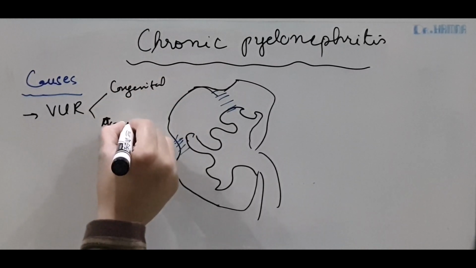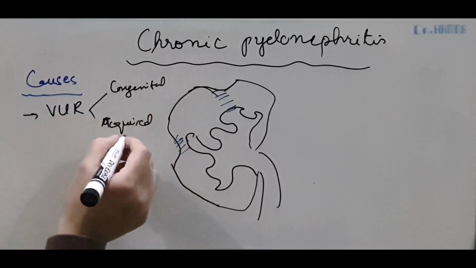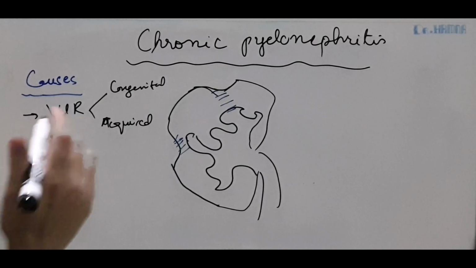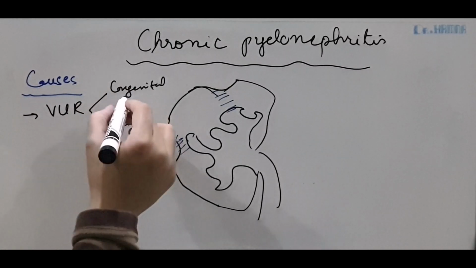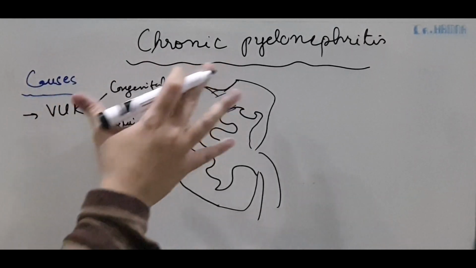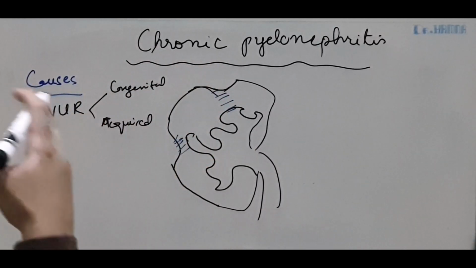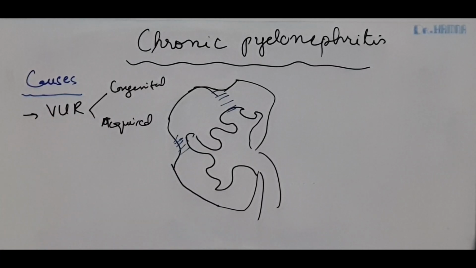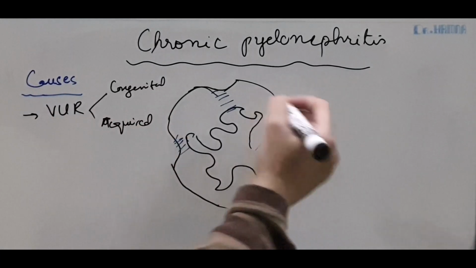Acquired is usually because of the obstructive conditions, and in congenital cases, children present with the picture of chronic pyelonephritis or history of acute pyelonephritis, and then ending up with the deranged RFTs and chronic pyelonephritis. This is basically close to end-stage renal disease.